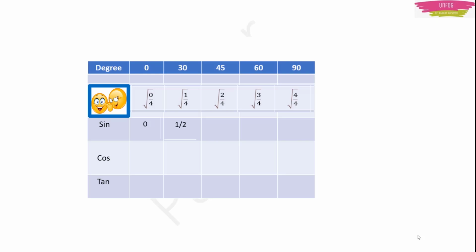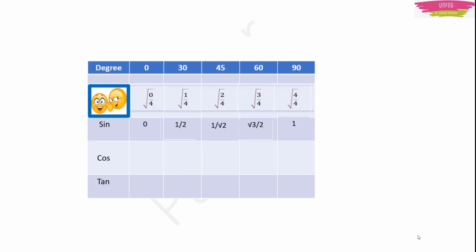It will get cancelled and you will have 1 by square root of 2. For square root of 3 by 4, you will have square root of 3 by 2 because 3 does not have any root, and 4 has 2. For square root of 4 by 4, your answer will be 1. So sine 90 will be 1. Okay, this is the trick. If you learn this much, you can complete the entire table now. First you write 0, 1, 2, 3, 4.